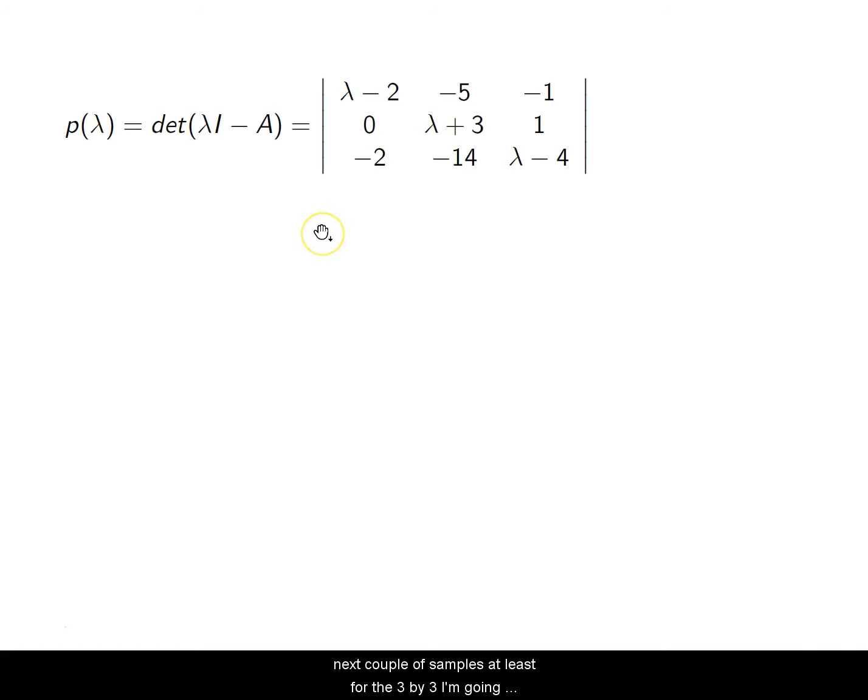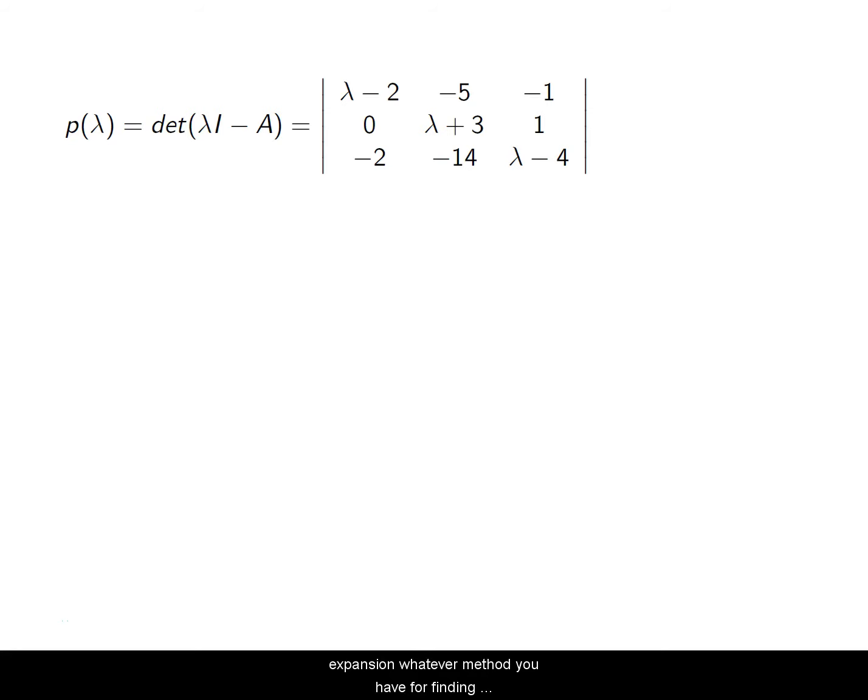For the next couple examples, at least for the 3 by 3s, I'm going to do that 3 by 3 expansion where we repeat the first 2 columns at the end, and then we just do that 3 by 3 diagonal multiplication. When we get to those examples, you'll see that. But for right now, we'll just go through the cofactor expansion.